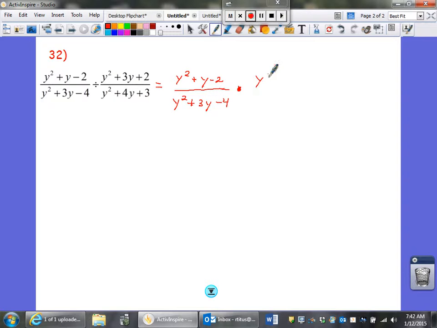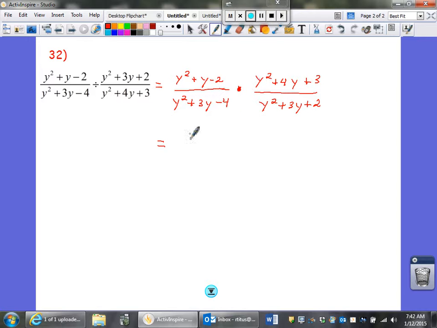So we have y squared plus 4y plus 3 in the numerator, all divided by y squared plus 3y plus 2 in the denominator. All right, so we're going to go ahead and factor each one. They're all quadratics. It's all a little trial and error, but it's easy trial and error because they all start with 1y squared.